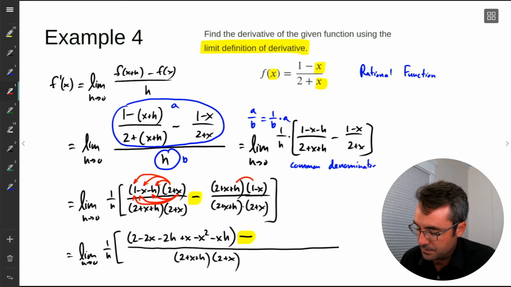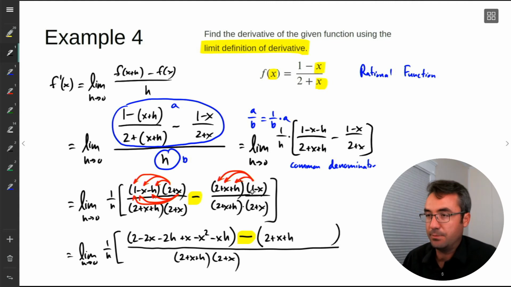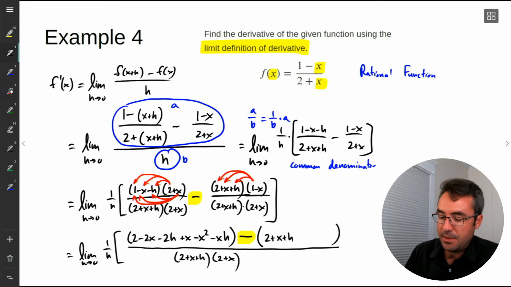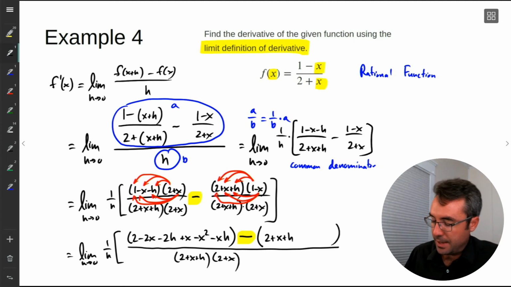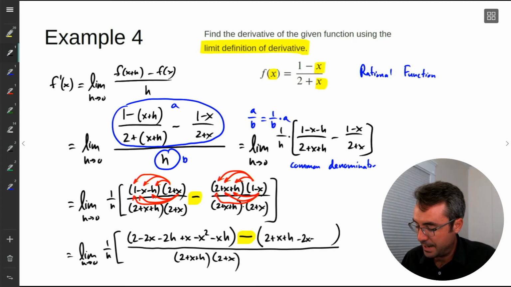So I'm going to distribute this 1 to everything over here. When I do that, again, let's get a nice set of parentheses here. I get a 2 plus x plus h when I multiply everything by that 1. Then I'm going to take this negative x and multiply that right on through. And when I do that, I get a minus 2x minus x squared and minus xh.